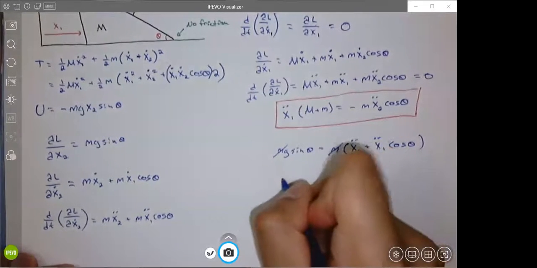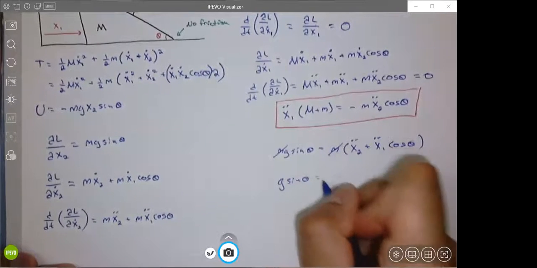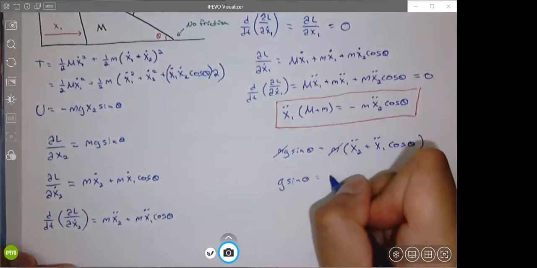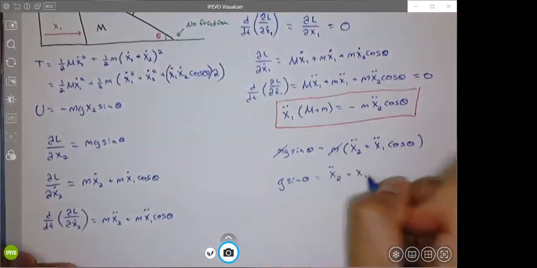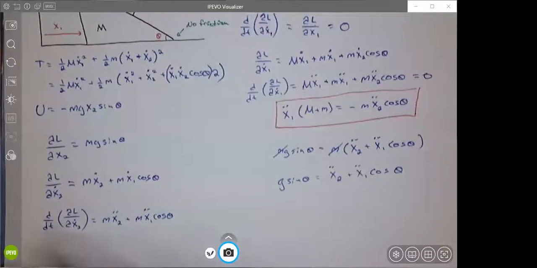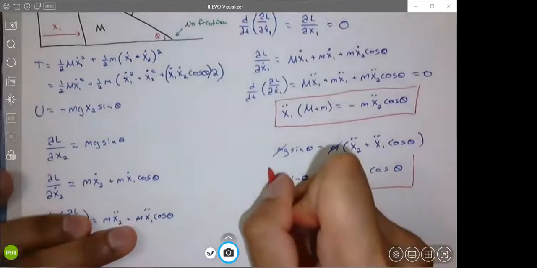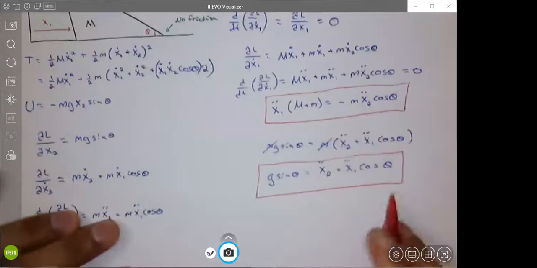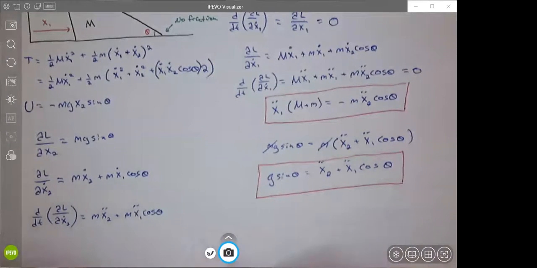So we'll just leave this as g sine of theta is equal to x2 double dot plus x1 double dot cosine of theta. And that is our second equation. So we have two equations with two unknowns. We're going to solve for x1 as well as x2 on the next page.